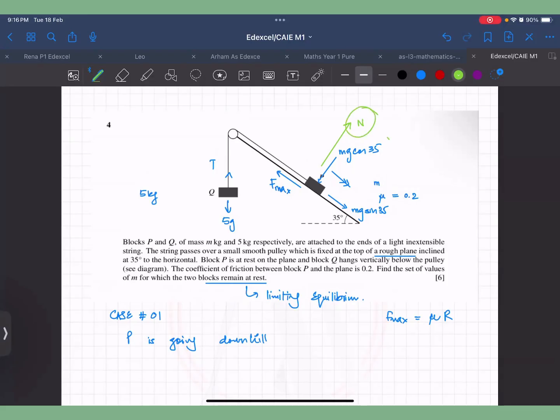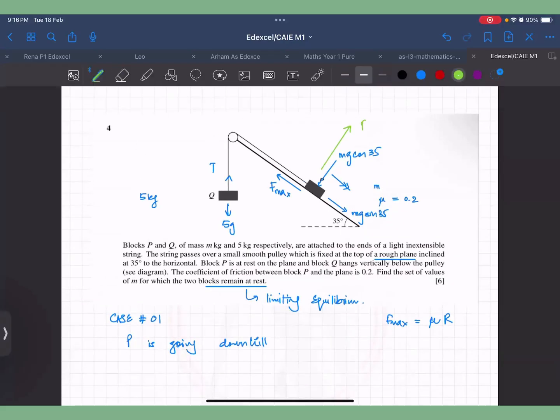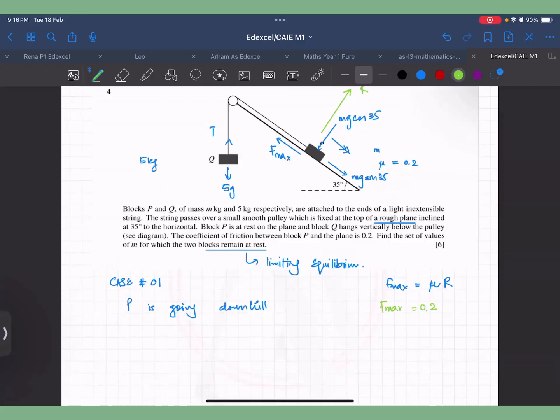So these two are equal to each other: R equals mg cos 35. So F max would be equal to 0.2 mg cos 35.